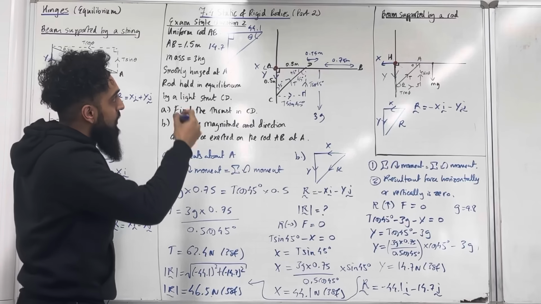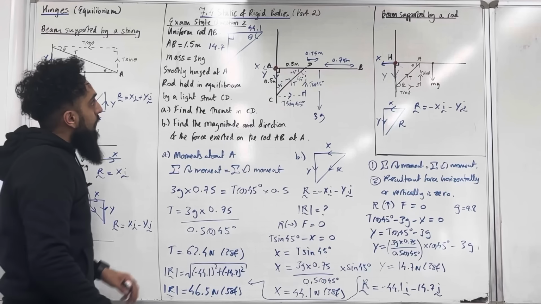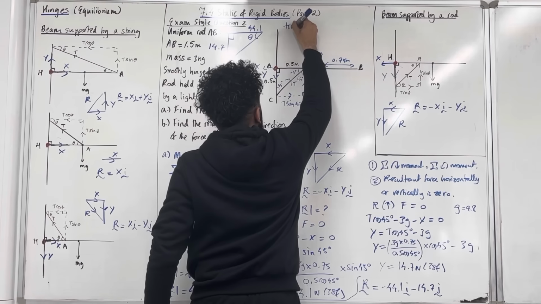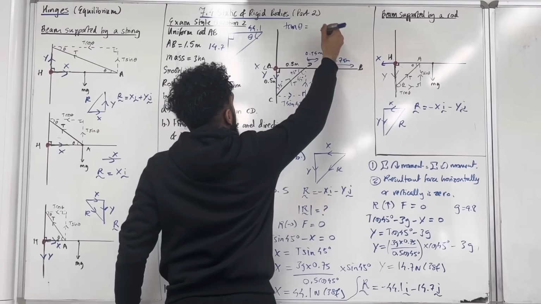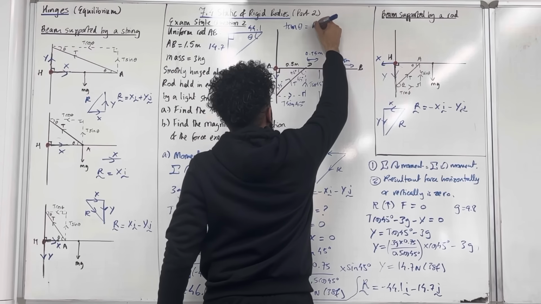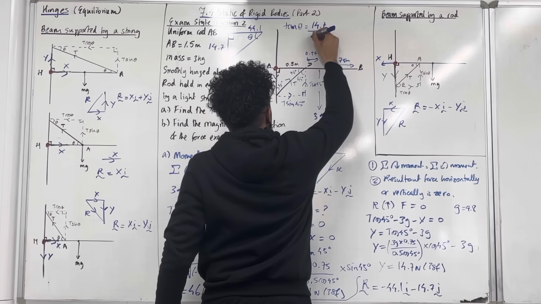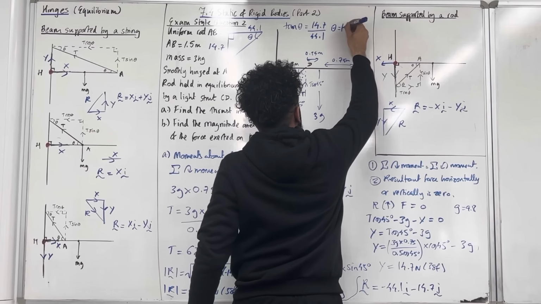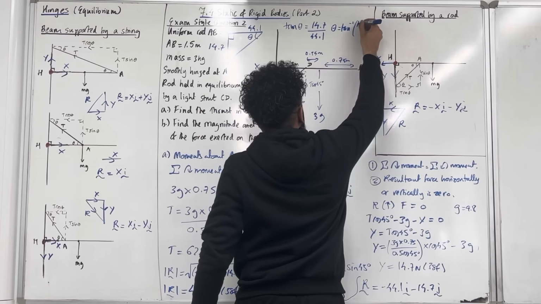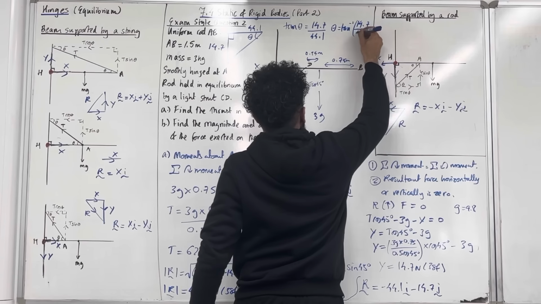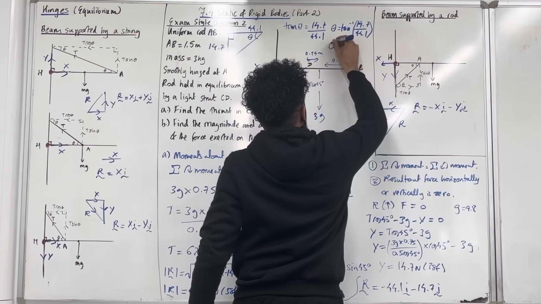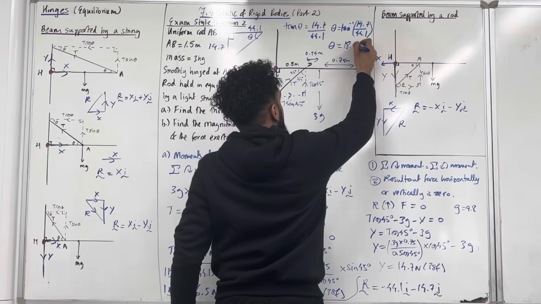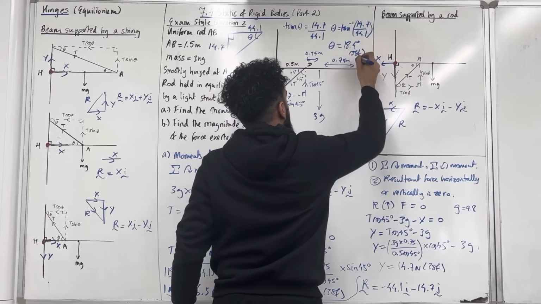Whenever it's a direction, you're trying to calculate the angle. So over here, we can use tan theta is equal to opposite over adjacent. So 14.7 over 44.1. So theta is equal to tan inverse of this. If we put this into our calculator, we get 18.4 degrees to three significant figures.